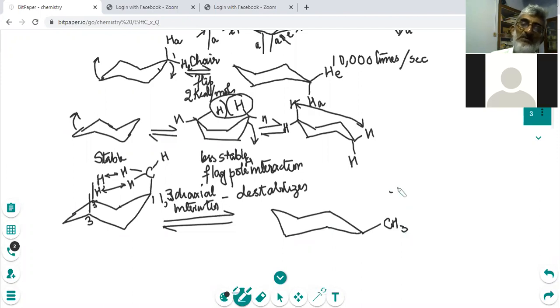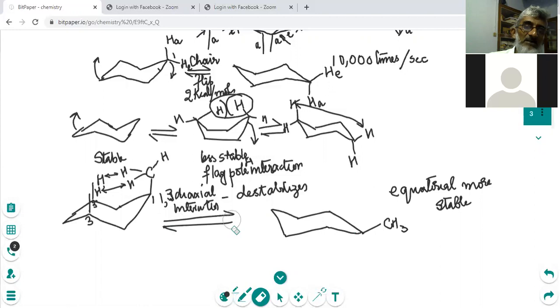Equatorial substituents are more stable. Therefore, you have to write this equilibrium in this fashion.